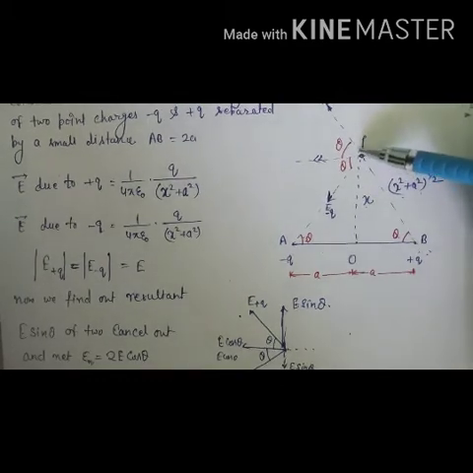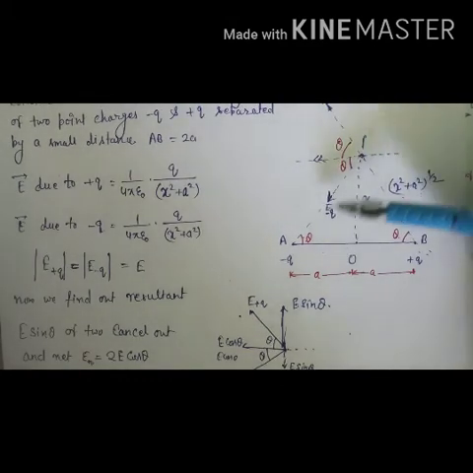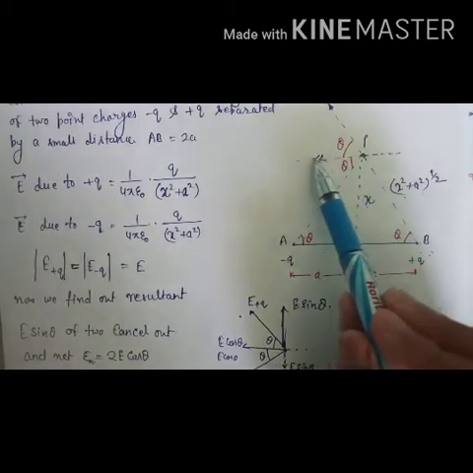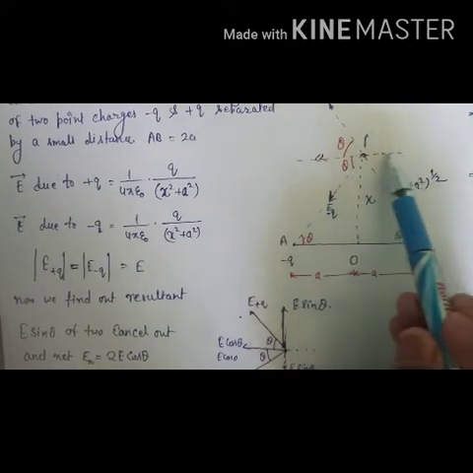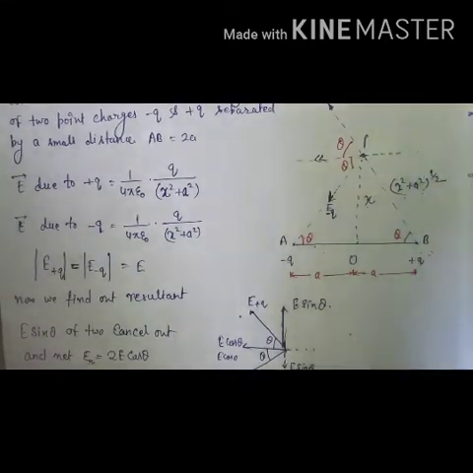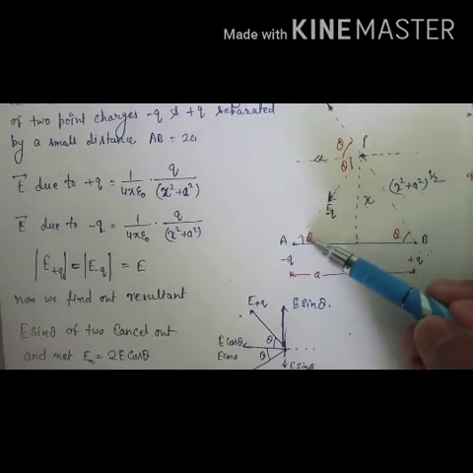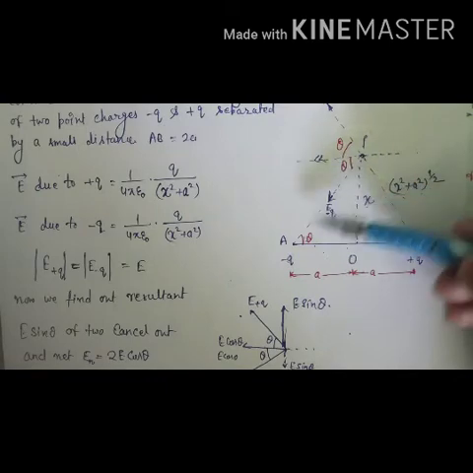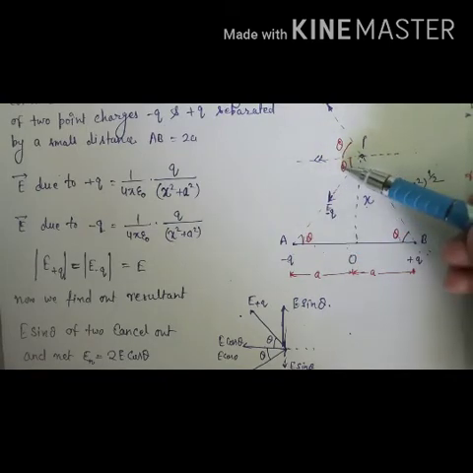The field due to plus q is in this direction, and the field due to minus q is in this direction. We take a line parallel to AB, and this angle is theta, and this is also theta.